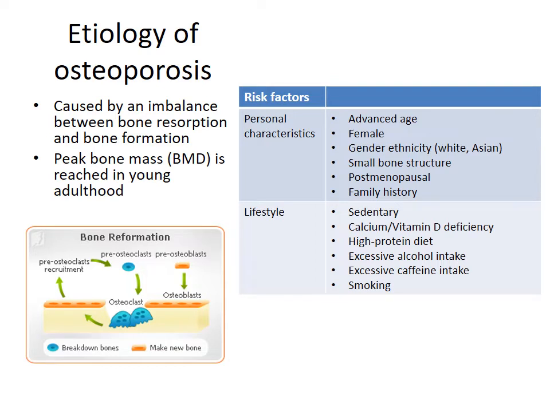So after menopause, when estrogen levels decrease, females are at greater risk for osteoporosis. Individuals of Caucasian and Asian descent are at greater risk of osteoporosis. Individuals that have a smaller bone structure to begin with are at increased risk, and also a family history.